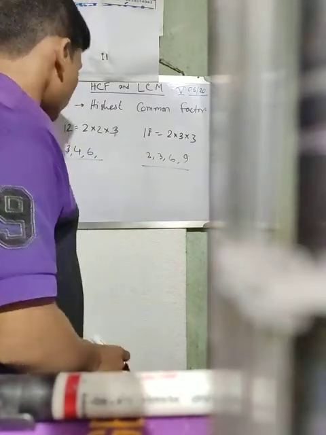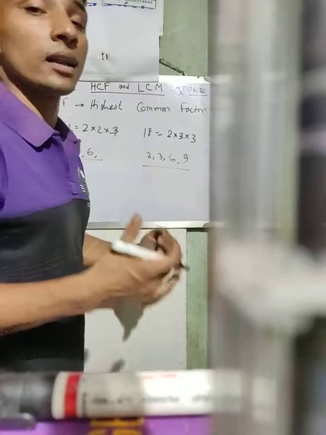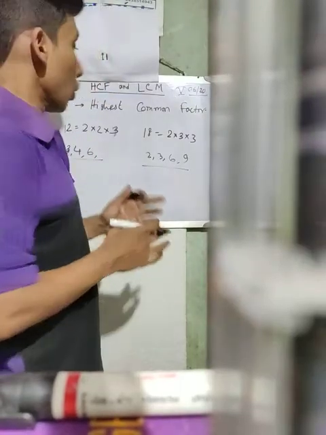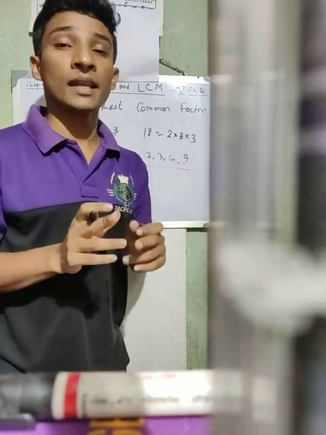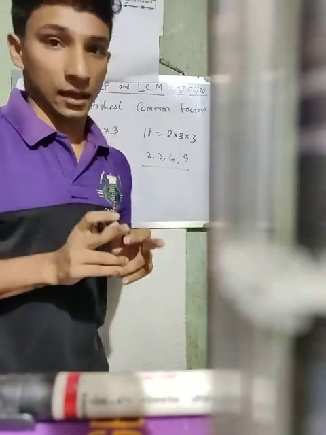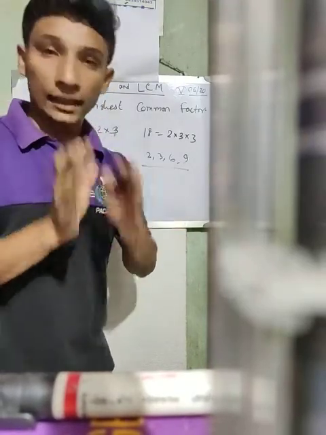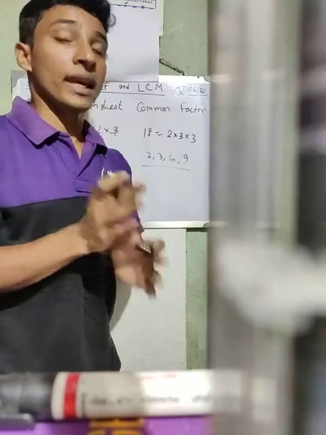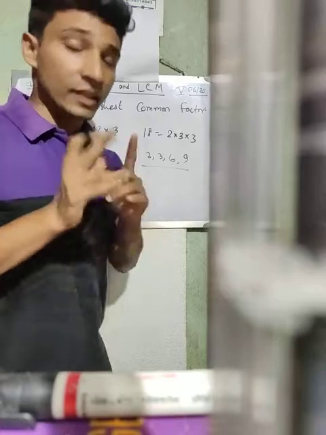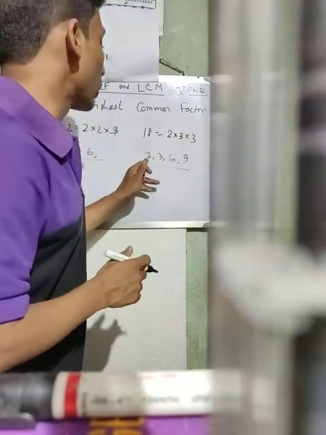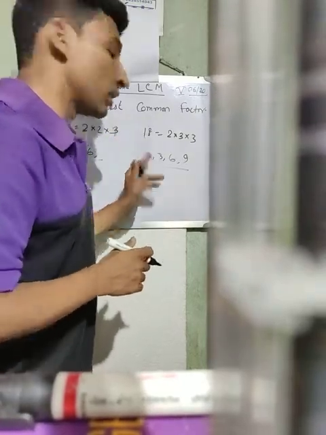Now you say what are the common factors between them. That means which factors are common. What is a factor? Factor means divisor. That means with that number we can divide the number. That is called a factor. Here 2 is a factor, which means we can divide 18 with the help of 2.